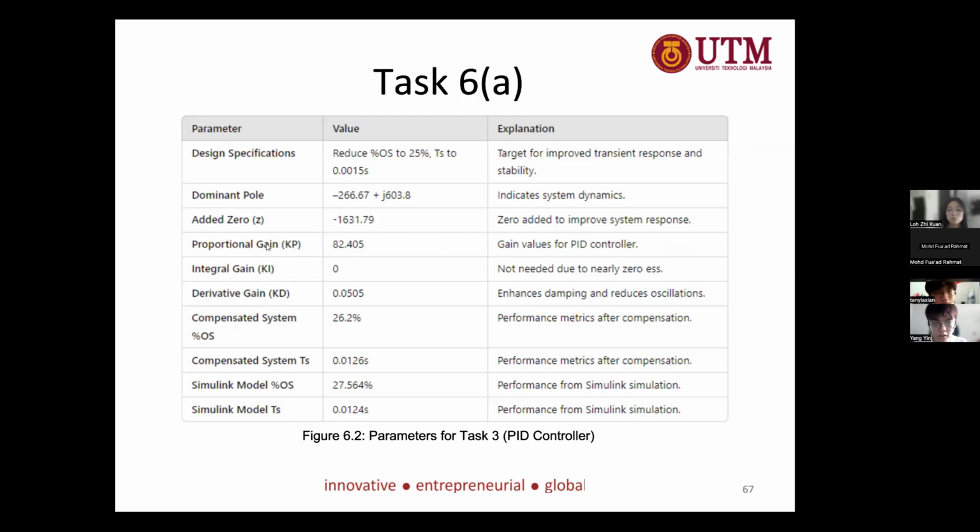So we get the gain value for the PID controller, and we managed to improve the system to the design specification, which is percentage overshoot around 25% and settling time around 0.013 seconds.